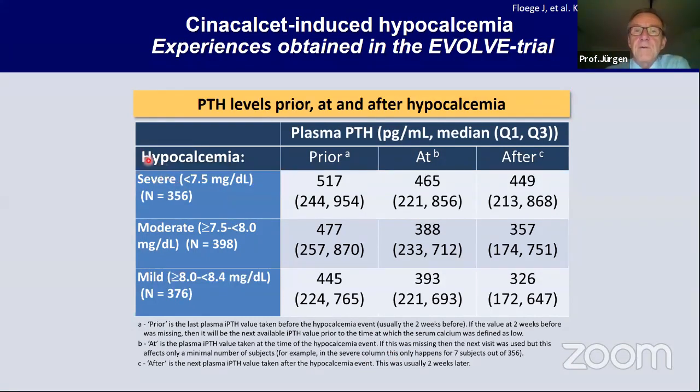Now, if you have cinacalcet on board, look at this, in the severe group, prior to hypocalcemia PTH 500, at the hypocalcemia 465, and now it should shoot up because you're hypocalcemic. Instead, it goes down further because the parathyroid gland cannot respond to the hypocalcemia by releasing PTH.